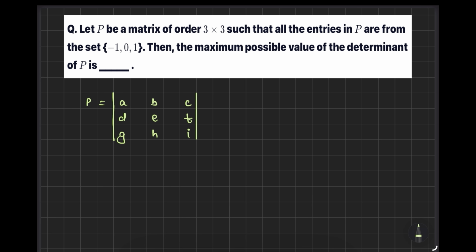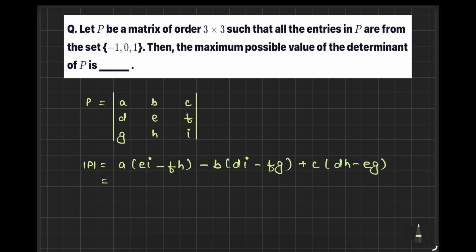Why? Because we have to find out the maximum value of the determinant. So the determinant of P will be what? A times (EI minus FH), minus B times (DI minus FG), plus C times (DH minus EG).